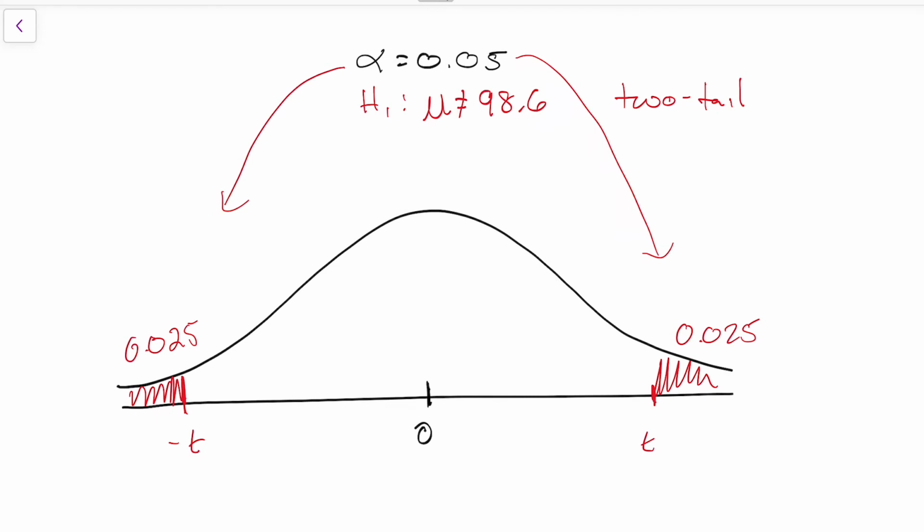So what we have to do now is look at our student t-distribution chart and find a critical t-value with an area to the left of 0.025 in a single tail, having the degrees of freedom, again being n minus 1, which in this case is 106 minus 1, which is 105.